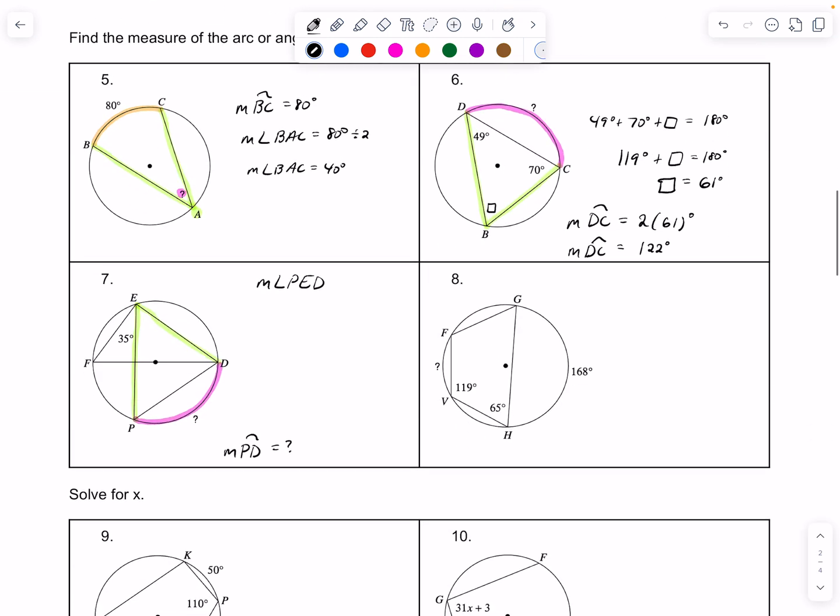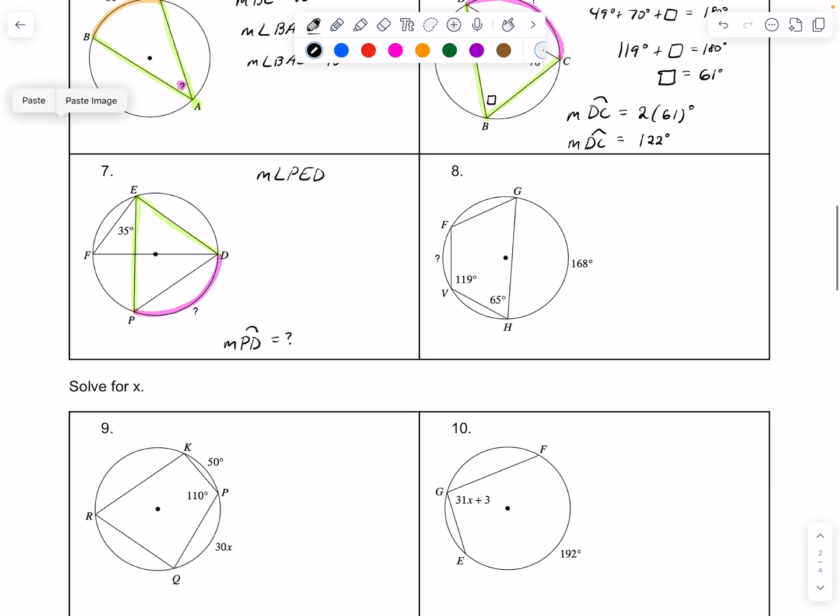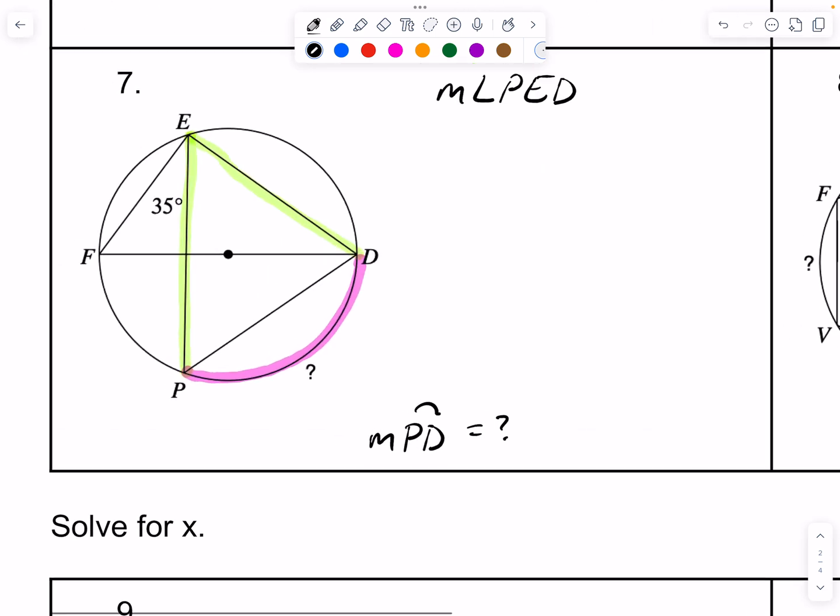So I'm going to use that converse to show that this FD diameter is the hypotenuse of that triangle. That means this angle here must be a right angle, so triangle FED is a right triangle.